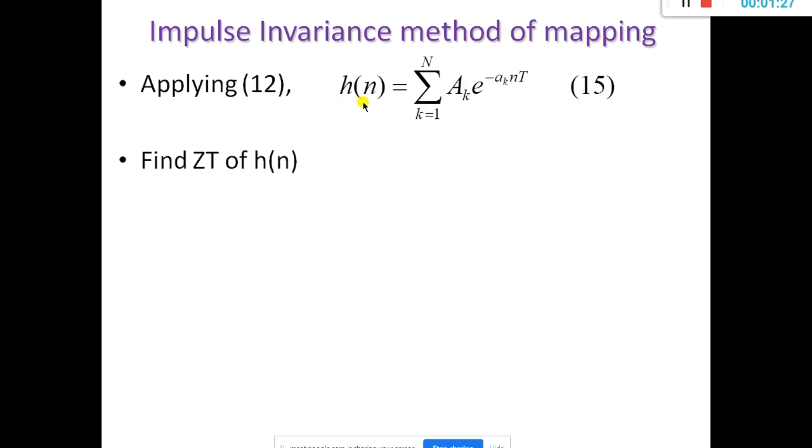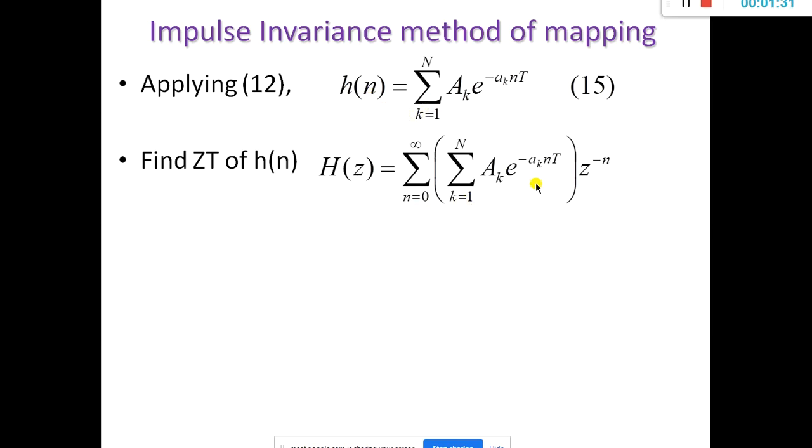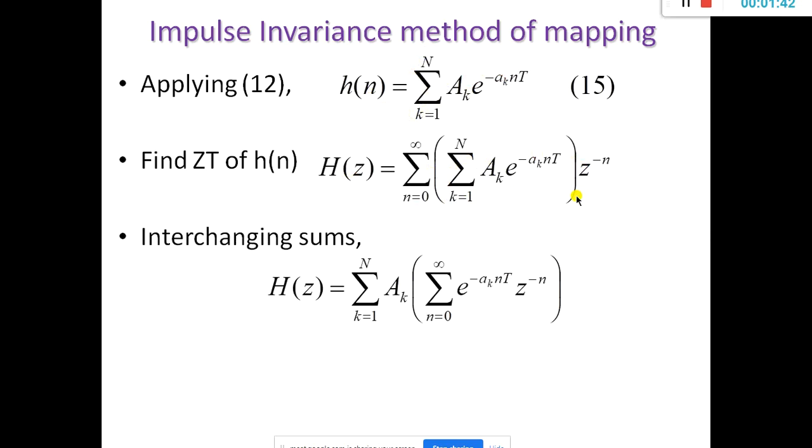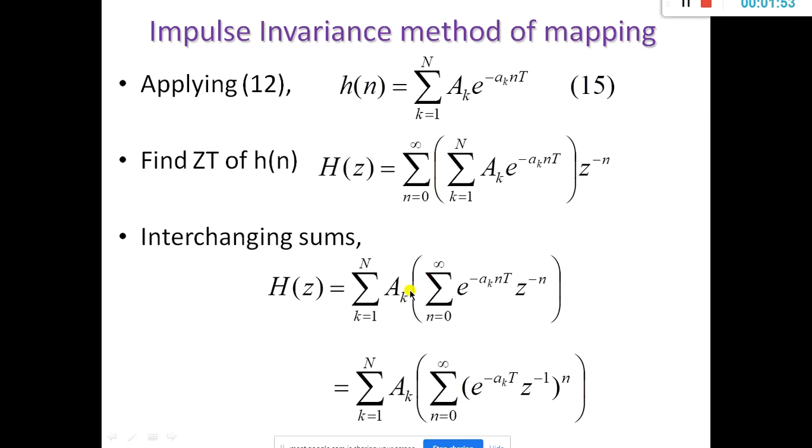So once again we obtain the z transform of h of n, by applying the z transform basic definition. Later on, by interchanging the sums, this derivation we have done in the last class. So now we could obtain the H of z equation, right?